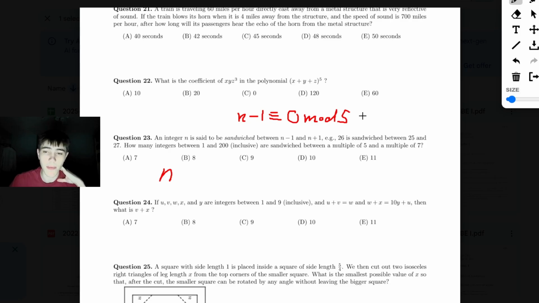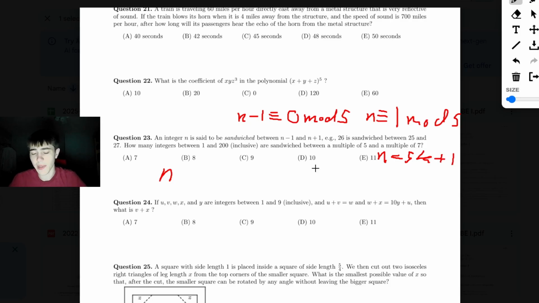Okay, so that means that n would be remainder 1 when divided by 5. So n is congruent to 1 mod 5. So we can write n as n equals 5k plus 1. And then k can be like 1 or 2 or whatever, right?